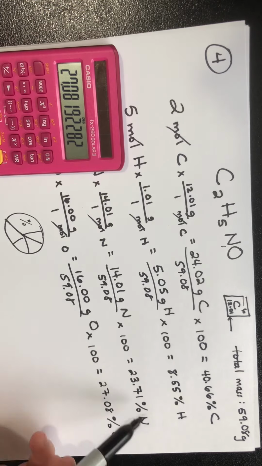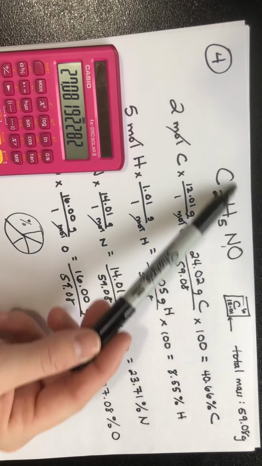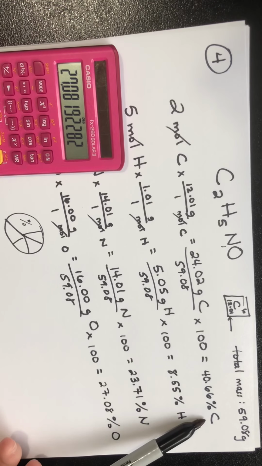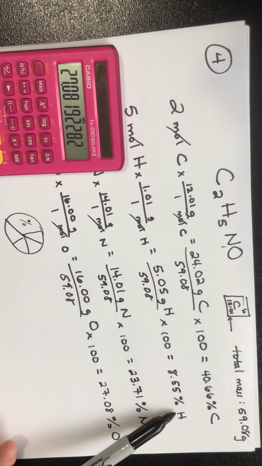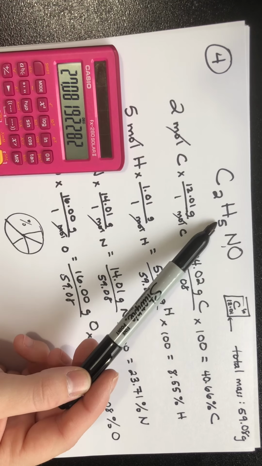So these right here are going to be your final answers. If you want to write it out, you can, but I'm not really requiring it. I see that you got all these. If you want to highlight these, that would be awesome for my eye. So the total compound consists of 40.66% carbon, 8.55% hydrogen, which I guess is kind of surprising because that's what we have the most moles of.